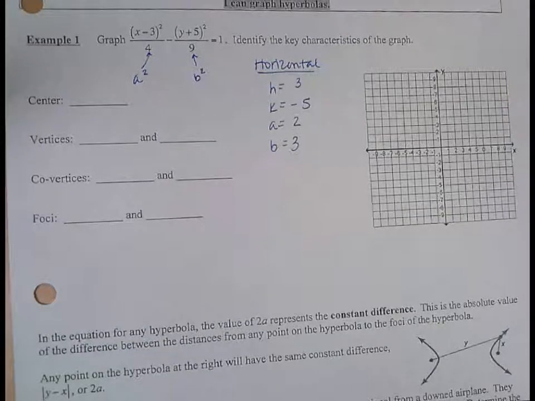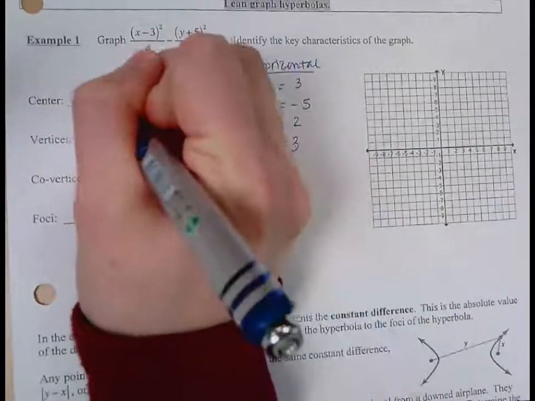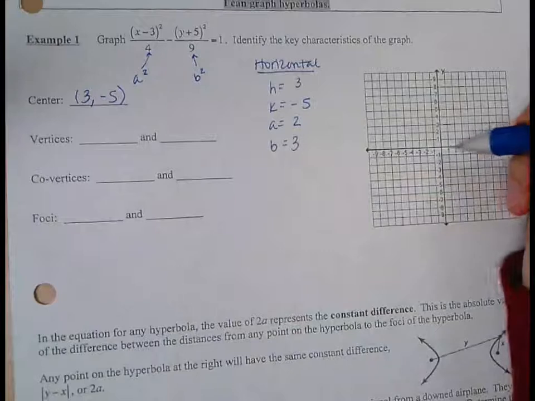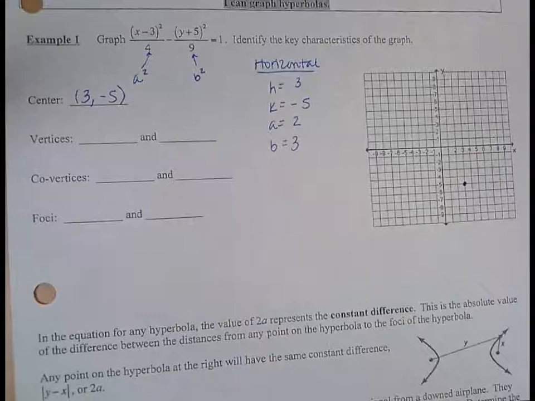So then center is h, k. So that is 3, negative 5. And I'll plot that right away. And then we'll find our vertices and our co-vertices. And again, there are different ways you could find these.